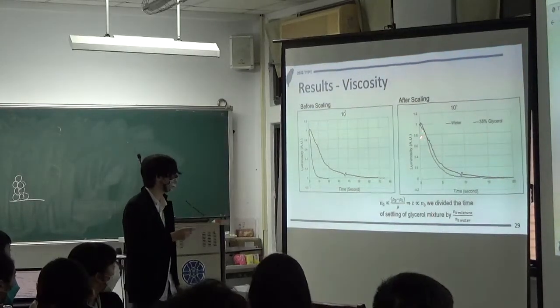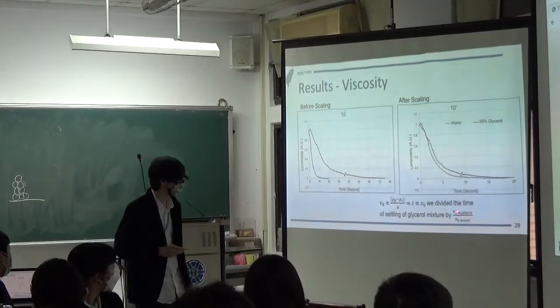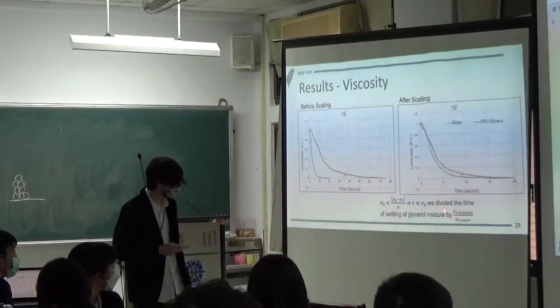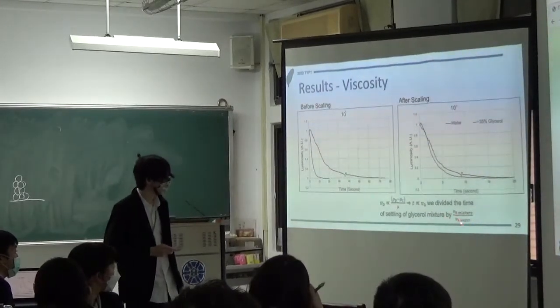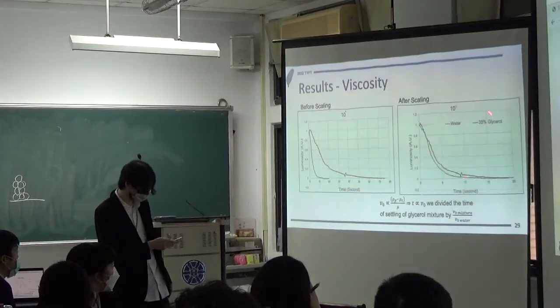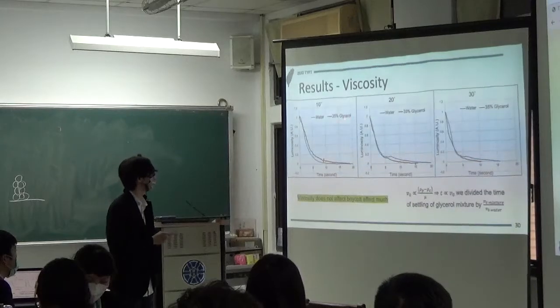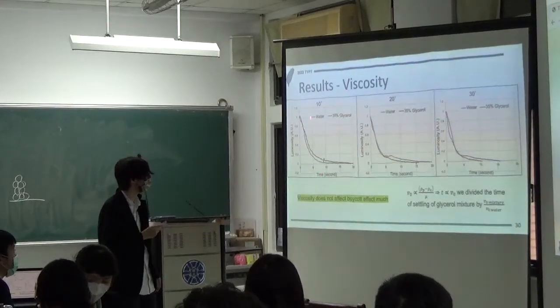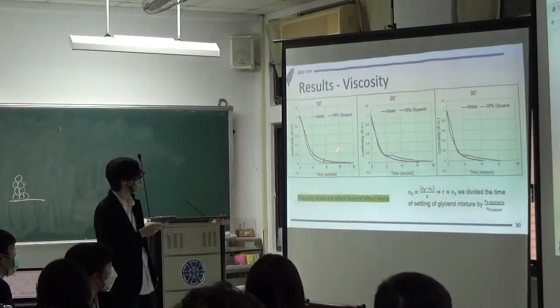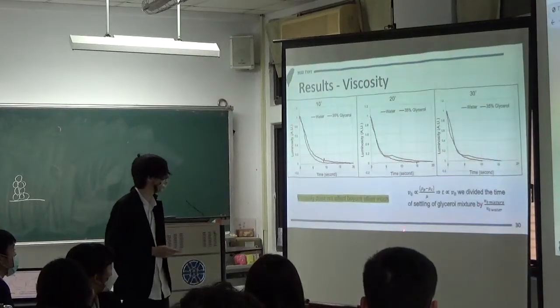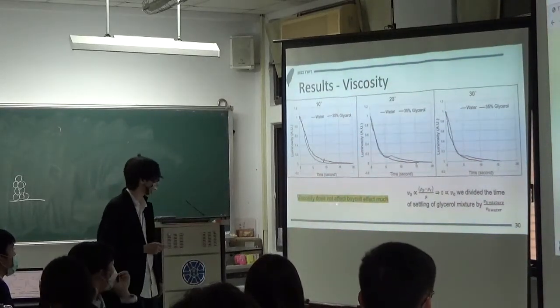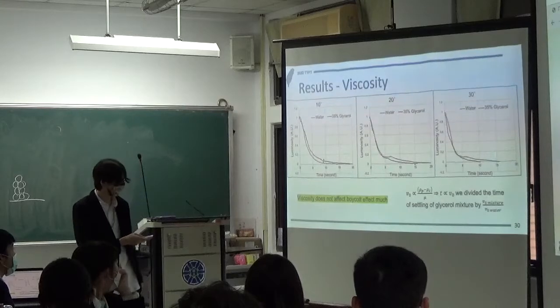We then scaled the time by the individual particle velocity of the mixture divided by that of water, and after scaling, we compared 10 degrees, 20 degrees, and 30 degrees, and we found that viscosity does not affect the Boycott effect much.